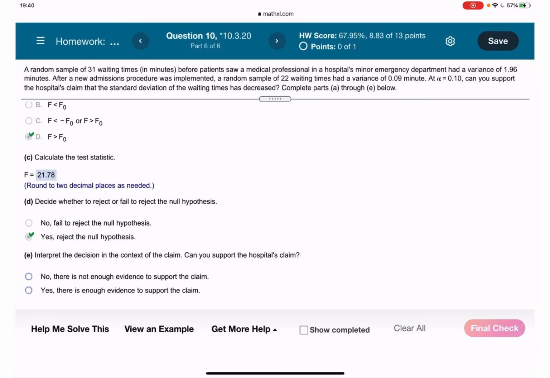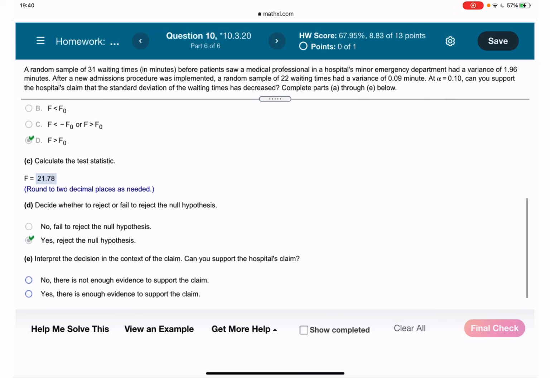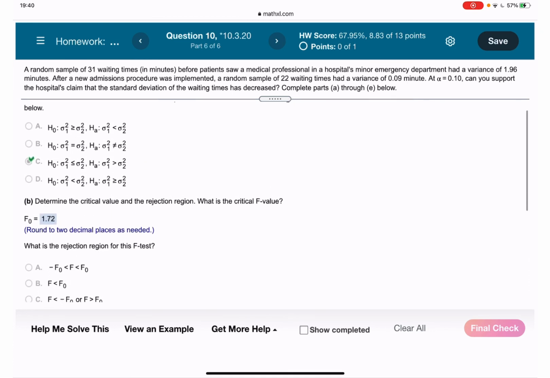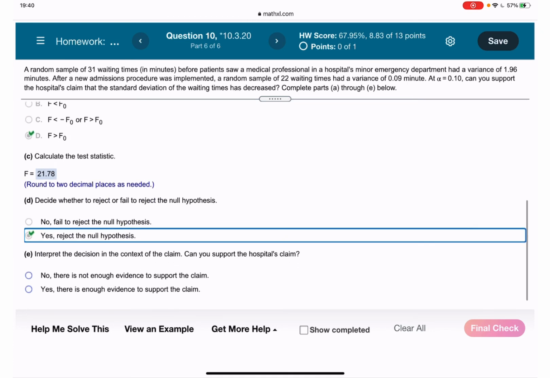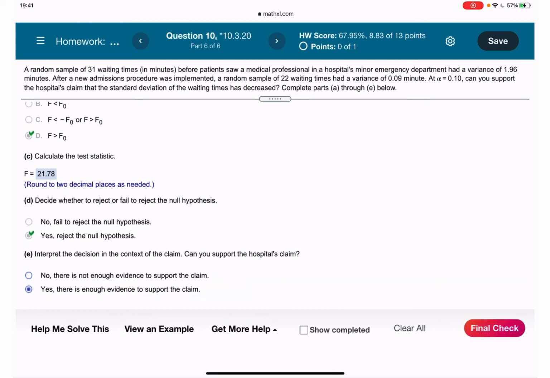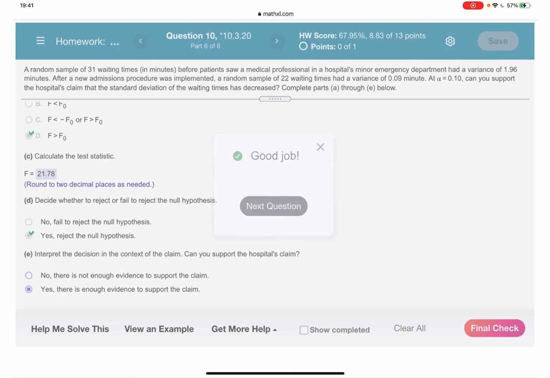And since we reject the null hypothesis and our claim is the alternative, hypothesis 1, yes, there is enough evidence to support the claim. We are good.